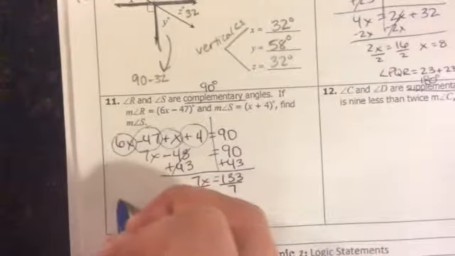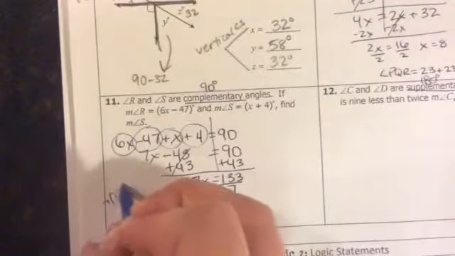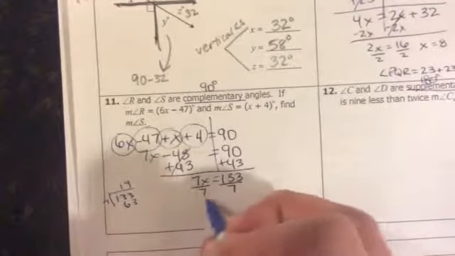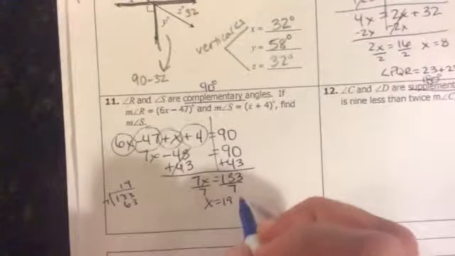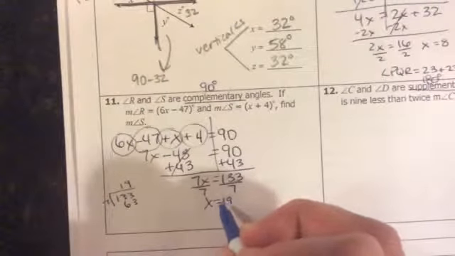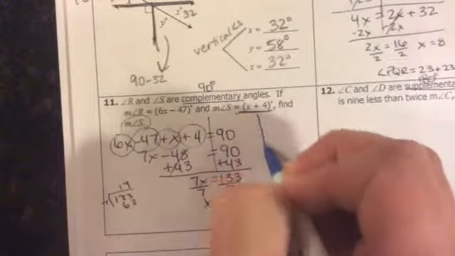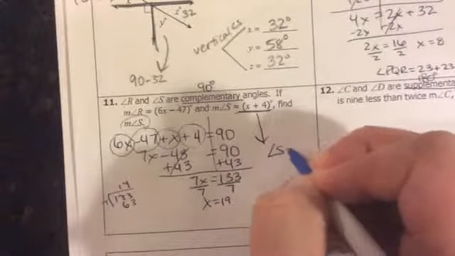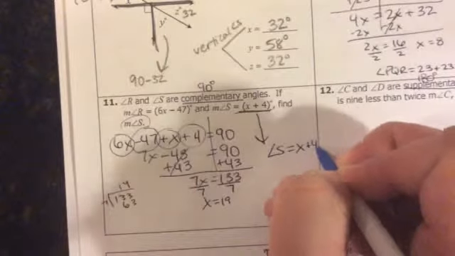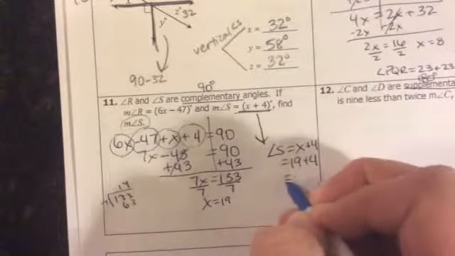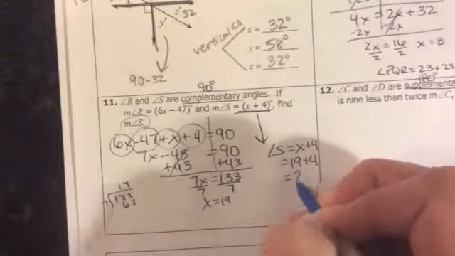That's going to get me 19. However, they don't just want us to figure out x, they want us to find angle S. So we're looking at this angle right here. Angle S equals x plus 4, and my x is 19, so I'm going to throw that in there. 19 plus 4 is 23 degrees.